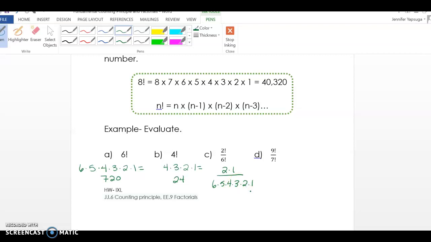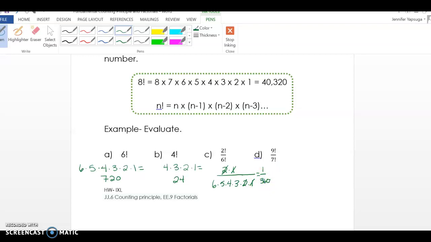And then one thing you can do is you could cross out your 2 and your 1, because if you have a 2 divided by 2, that gives you 1, so that simplifies, and then obviously the 1 simplifies. So then what you're left with is 1 over, and then you could multiply 6 times 5 times 4 times 3, and you get an answer of 360.